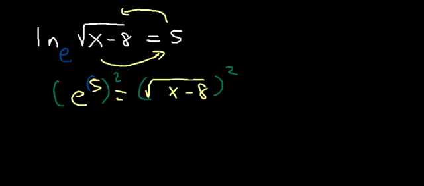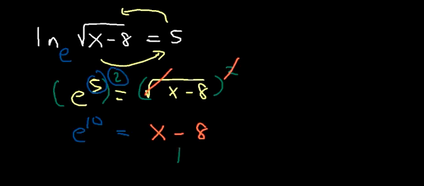When you raise one exponent to another, you multiply them. So we have e to the 10, since 5 times 2 is 10. The square and the radical will cancel, so we have x minus 8. Then all we've got to do is add 8 to both sides. So x is e to the 10 plus 8. And you can type that in your calculator and get the decimal value for that.